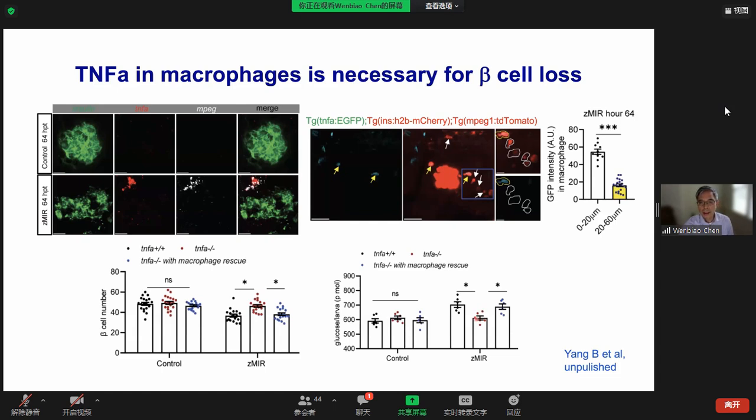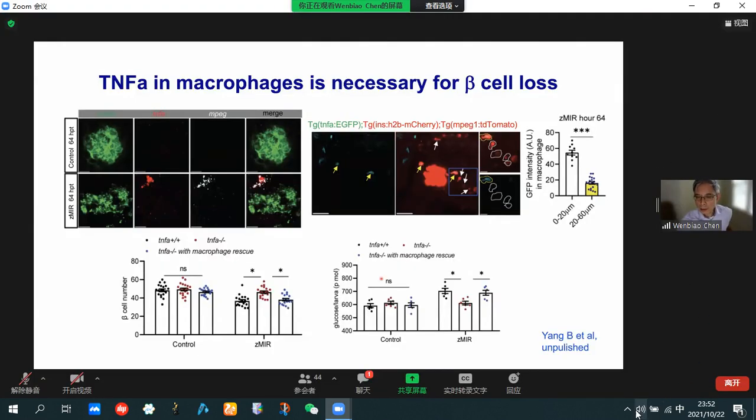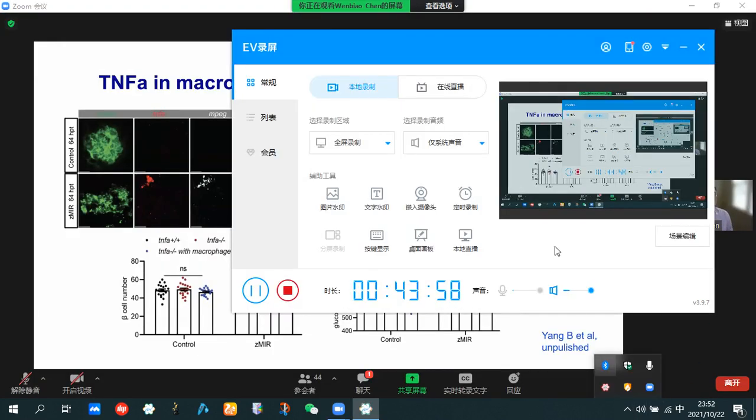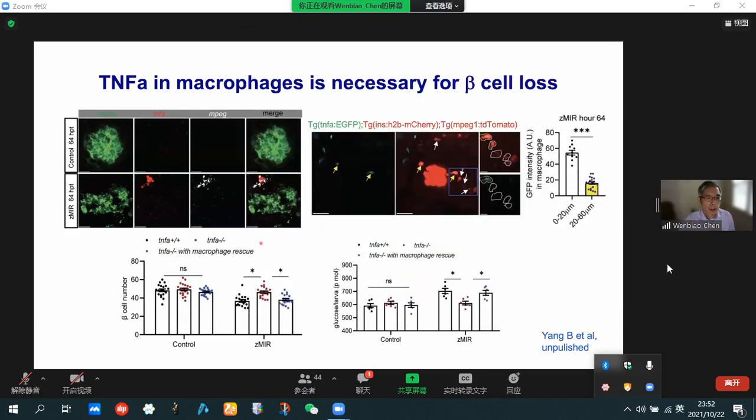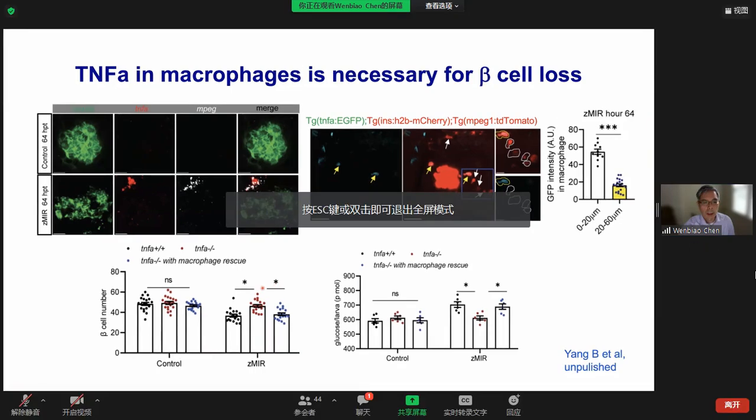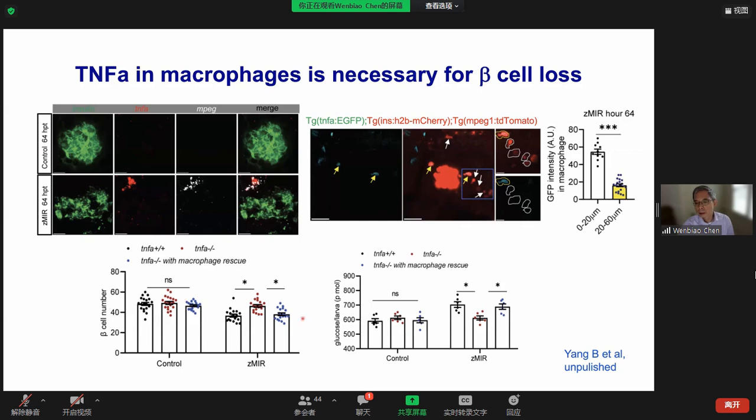And we think that the TNF-alpha works in macrophage because if we just rescue TNF-alpha expression in the macrophage in the knockout animals, we can recapitulate the wild type phenotype. That is, beta cell death still occurs and glucose still increases. So suggesting that it's the macrophage-derived TNF-alpha that's responsible for the beta cell death.